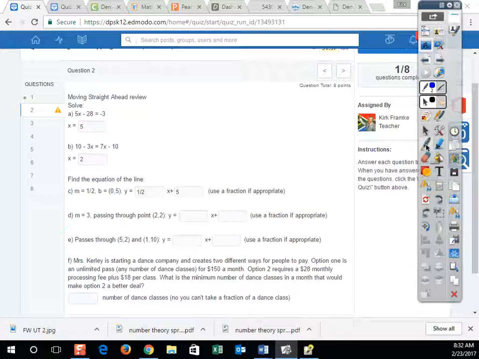So the next one, we have an m value, but instead of giving us our y-intercept, we have a point. Now there are a couple ways you could do this.